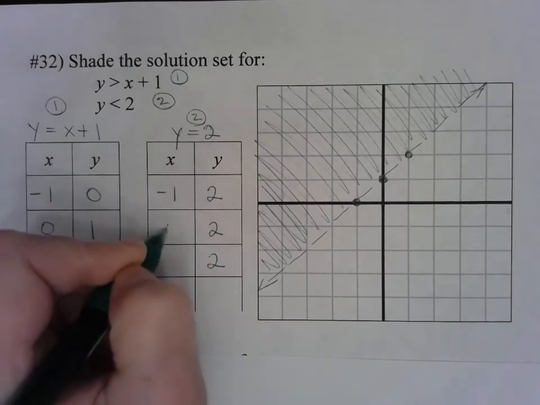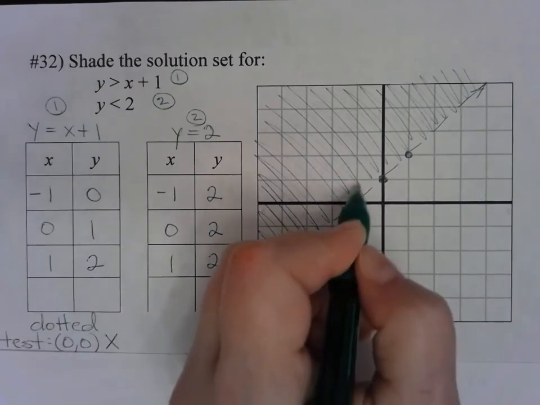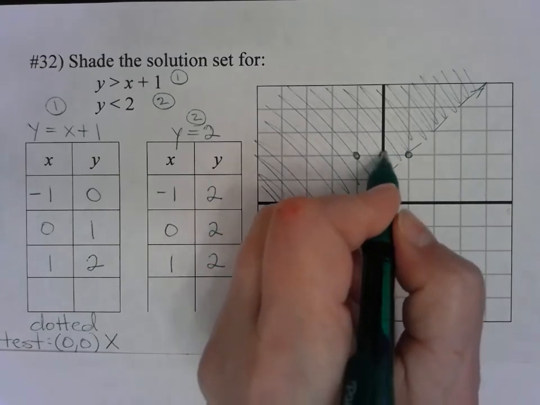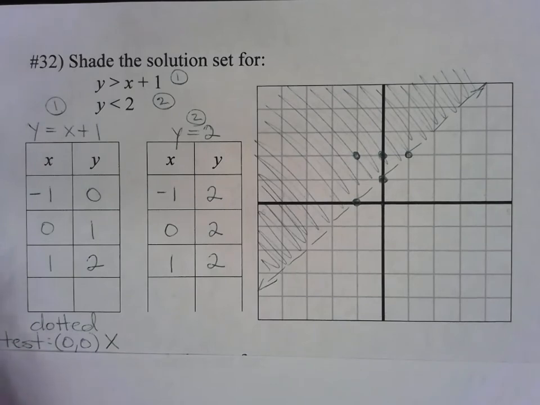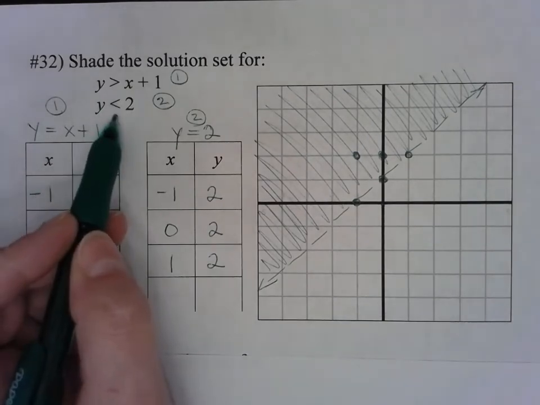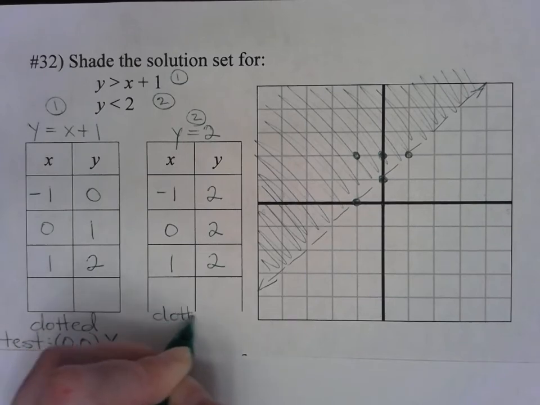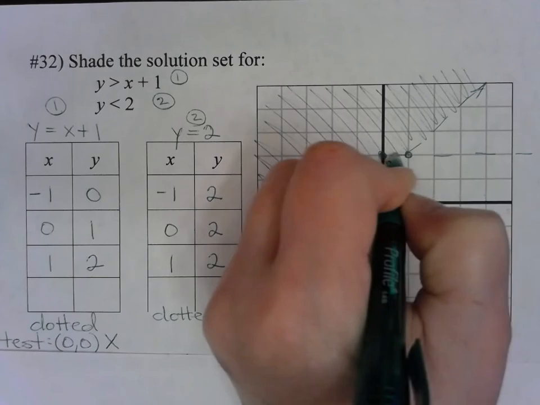So I'll just pick -1, 0, and 1. So I have -1, 2; 0, 2; and 1, 2. This is also just less than, not equal to, so this is dotted straight across.